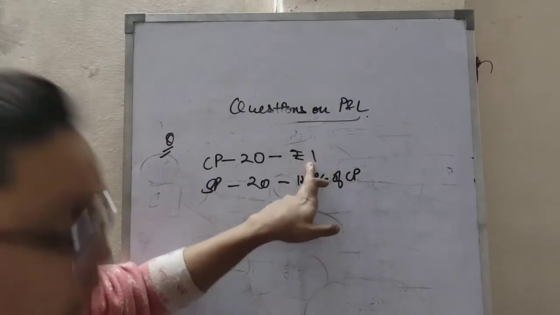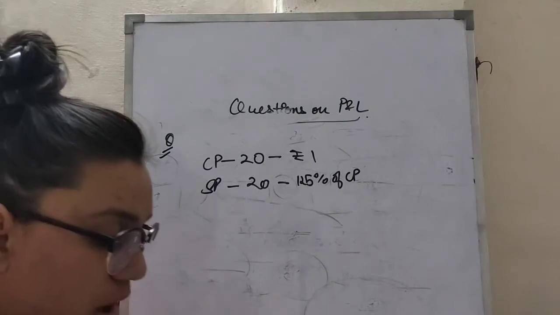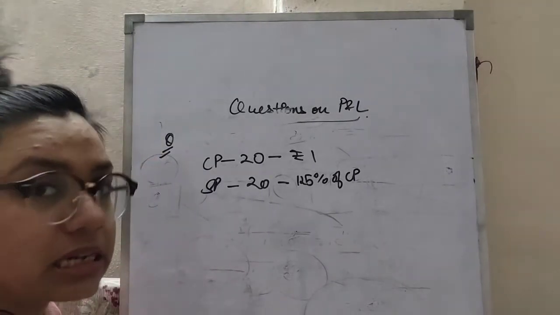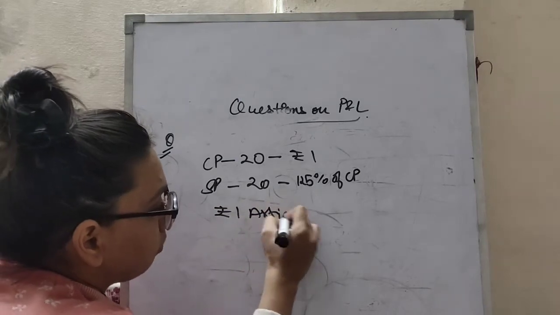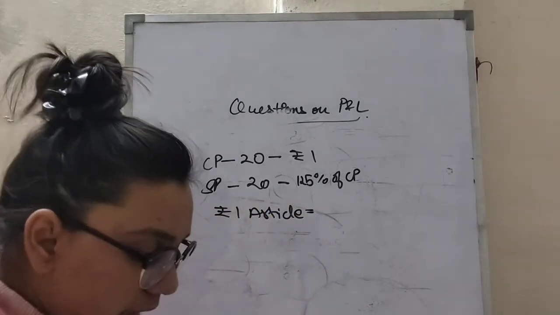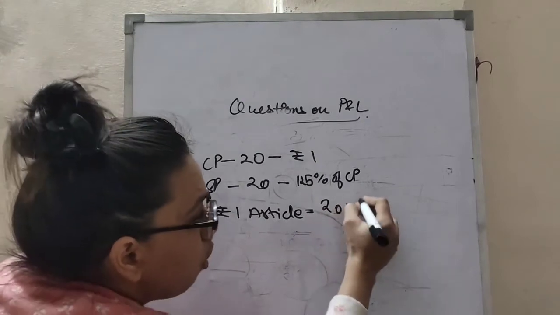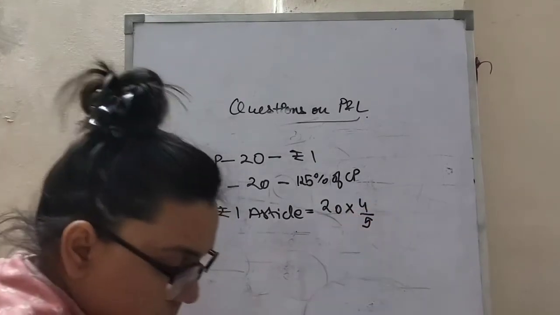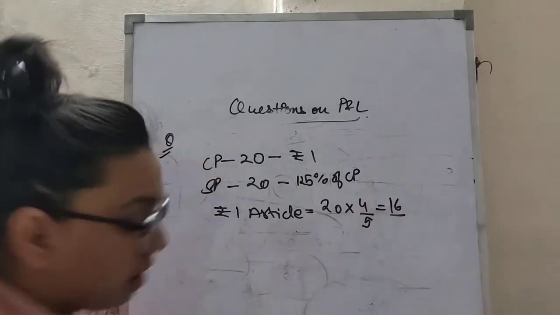So 125 of rupees 1 I have here. So now for rupees 1 article sold, what I can do is I can directly write 20 into 4 by 5, okay, which is equal to 16.